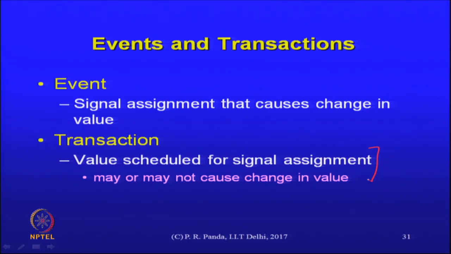This is internal to the simulator, not necessarily visible to us as the user or even as we observe the waveform of the simulation. It is not immediately obvious; we have to do something to take a look. A value scheduled for signal assignment may or may not cause a change in the value of the signal itself. These are the two elementary concepts used for delay modeling.